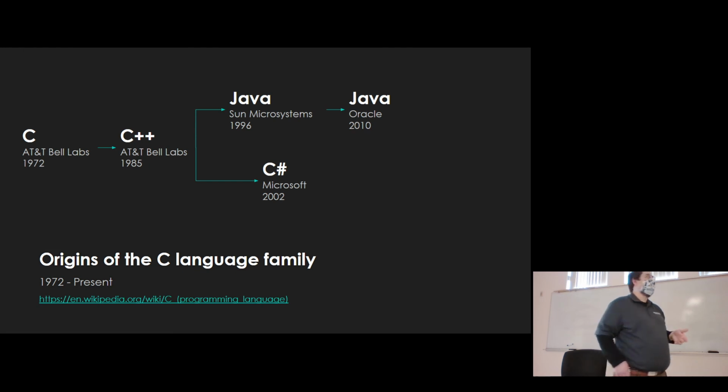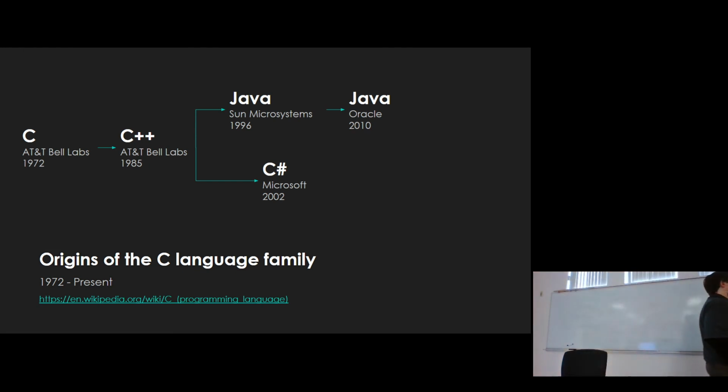In fact, all three of the languages here, C, C++, and Java, have really influenced the vast majority of programming languages that are out there and in use today. In some way, shape, or form, most of those have, and they've influenced nearly every developer doing any coding.